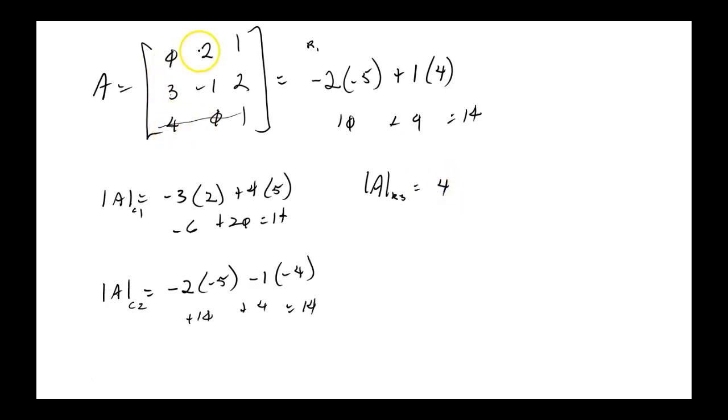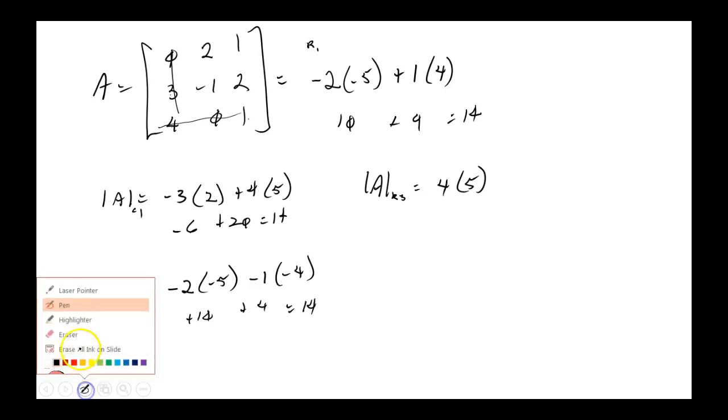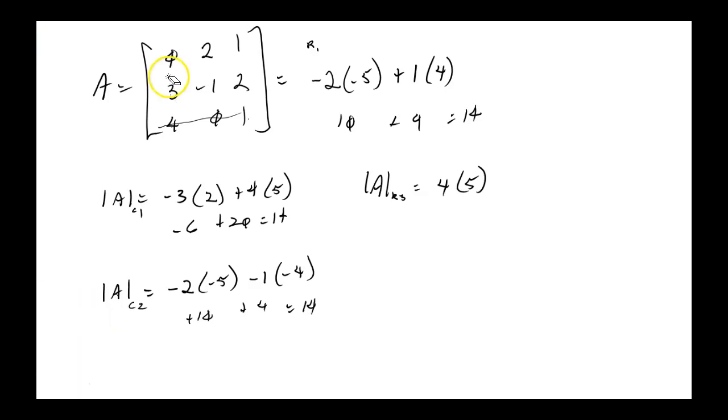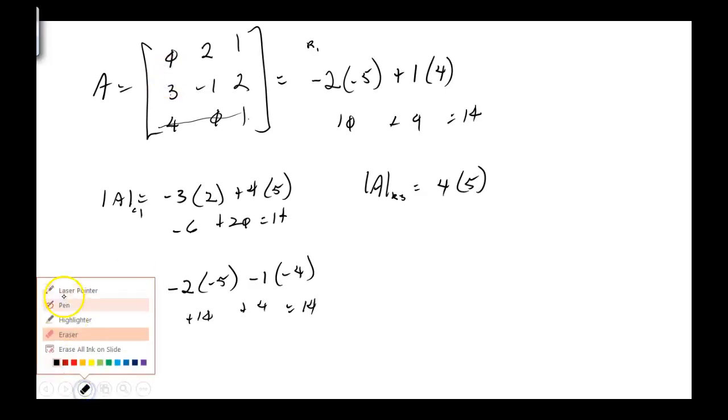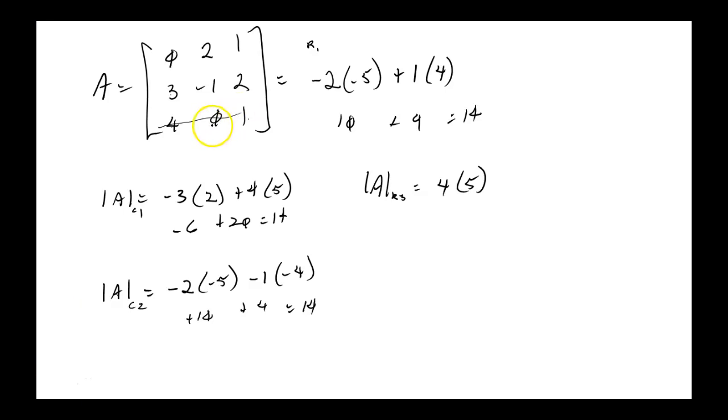it's 4 times, wipe out this, and you have 4 plus 1 is 5. And then we go to this position. The 0 doesn't contribute a thing. This 1 here is in a plus position. It's going to be a plus 1.